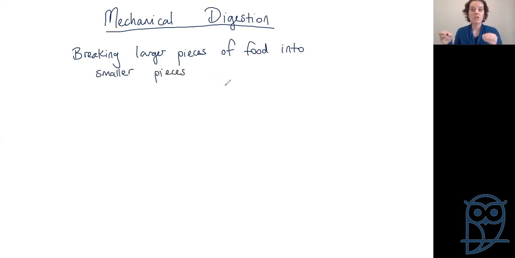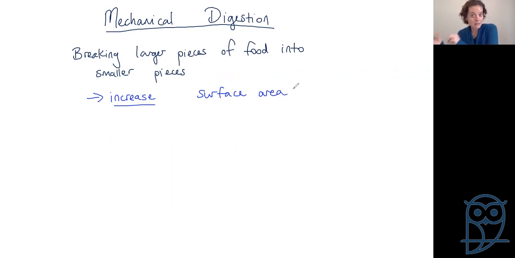And this is critical. Because remember, when you break something big into lots of smaller pieces, you increase the surface area. When you increase the surface area, you have more space for enzymes to do their job.